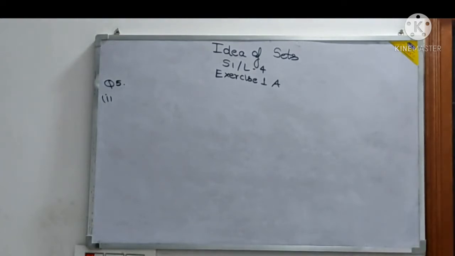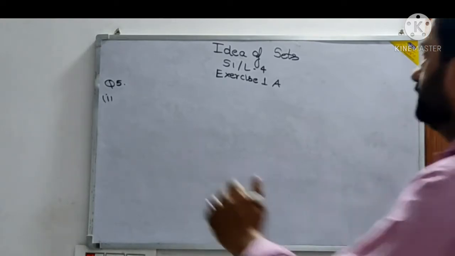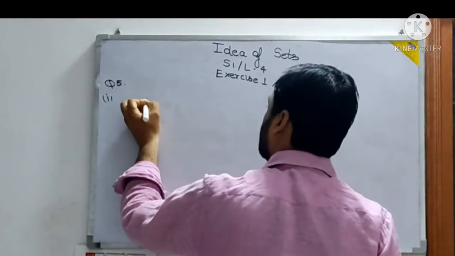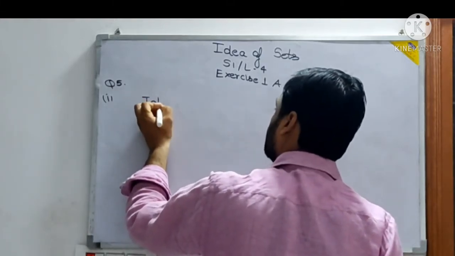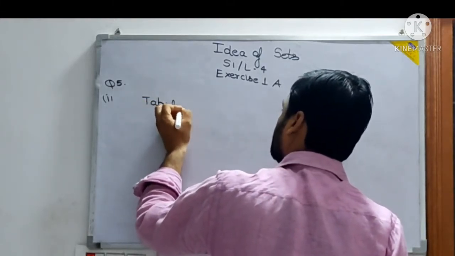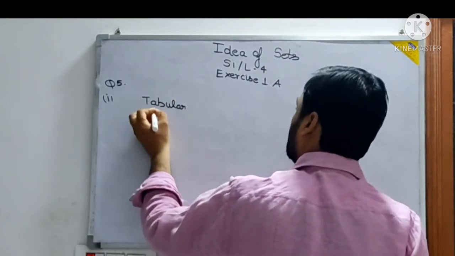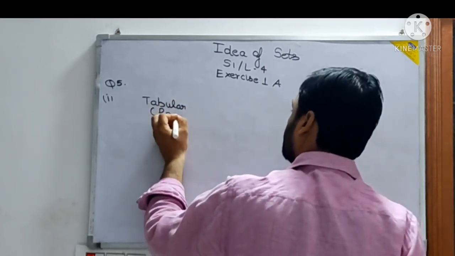Two columns I'll make. First is the tabular form, which is also called the roster form.